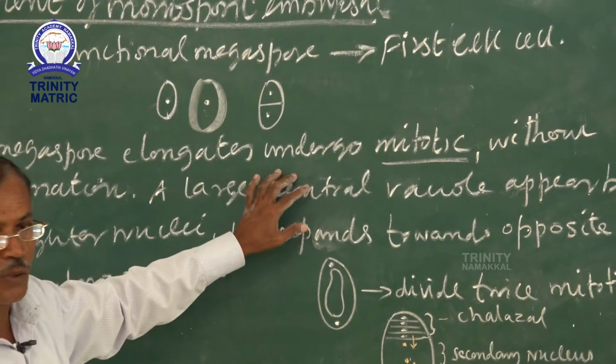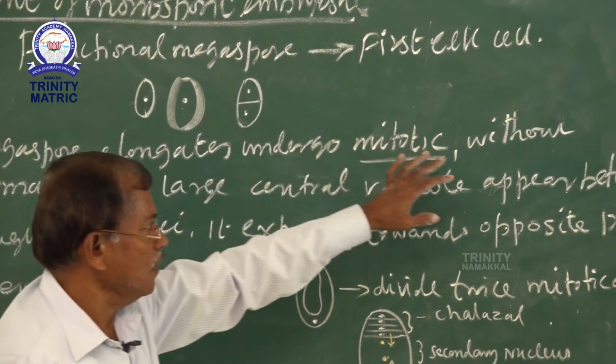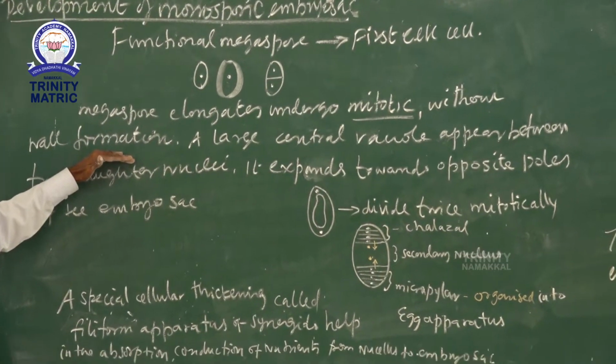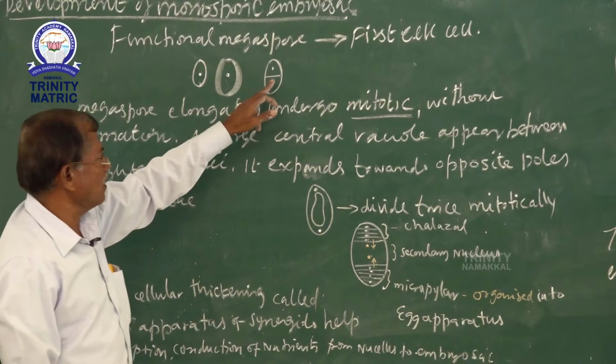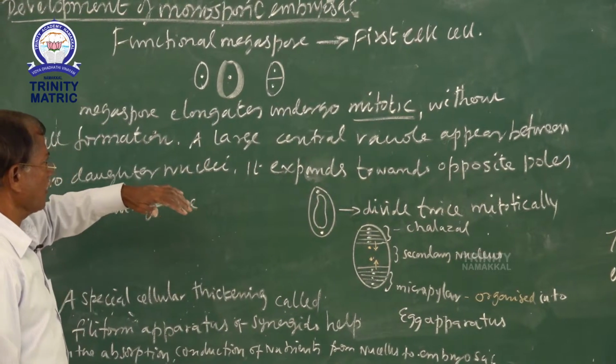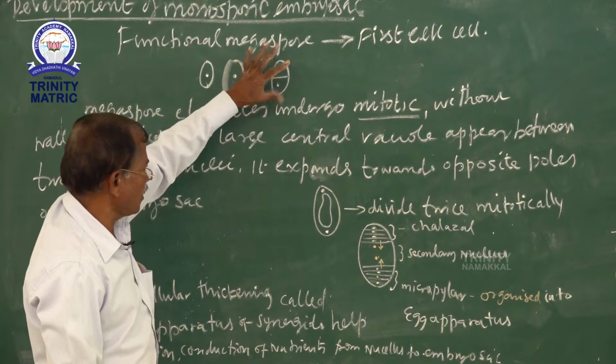This cell elongates and undergoes mitotic cell division without any wall formation, without any cellular divisions within the megaspore. Then these two cells also enlarge.